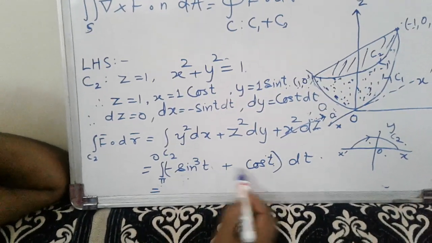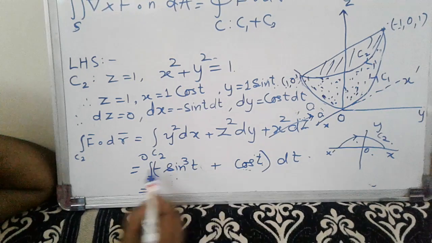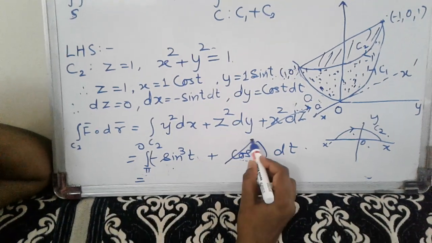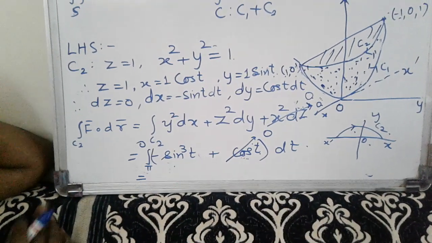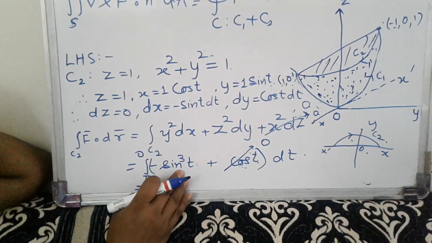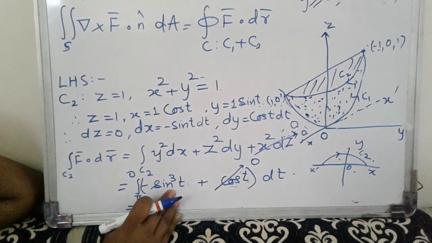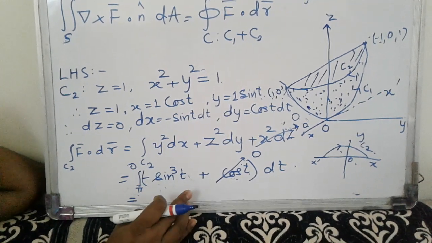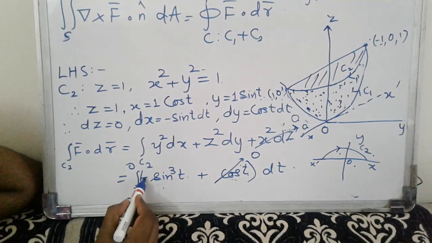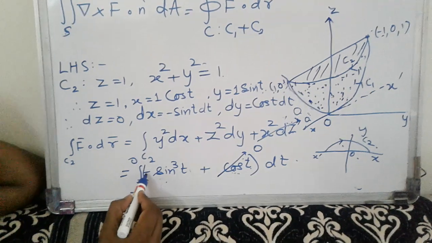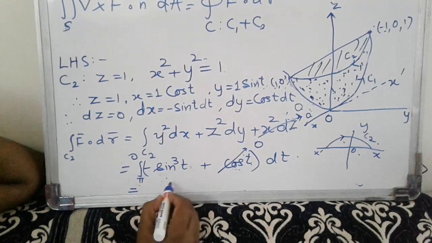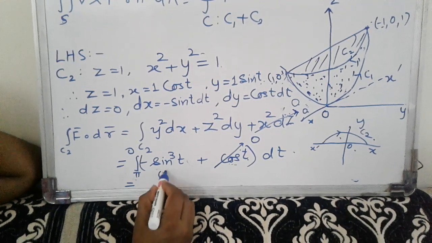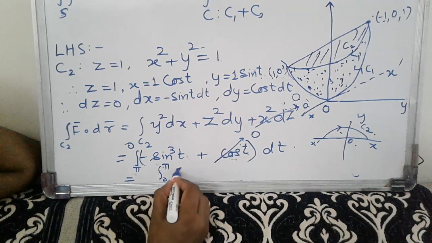Pi to 0. This is equal to, let's see this function first, the quadrant rule. Using the quadrant rule, the value of this function cos t over this domain has to be 0. Whereas this function comes out to be a positive function, and therefore I can write this as twice of, but this minus sign first I will use to revert the limits, and that is 0 to pi sin cube t.